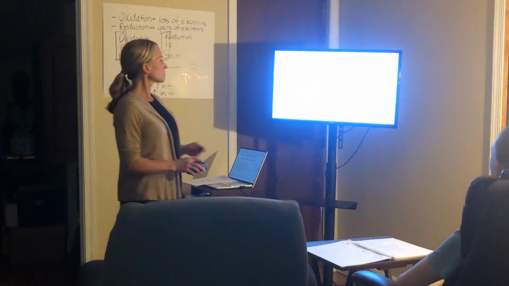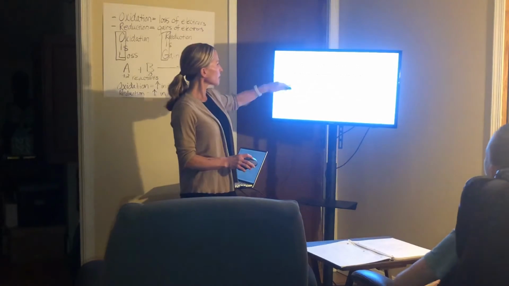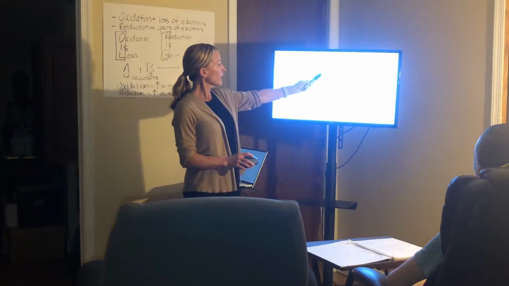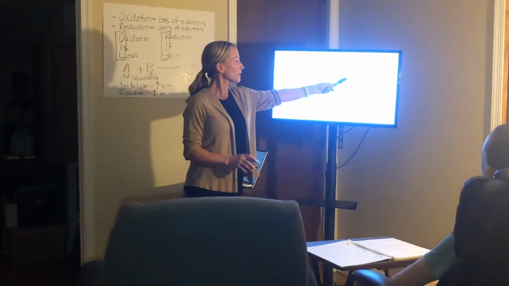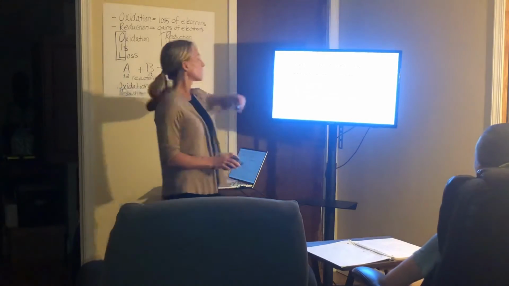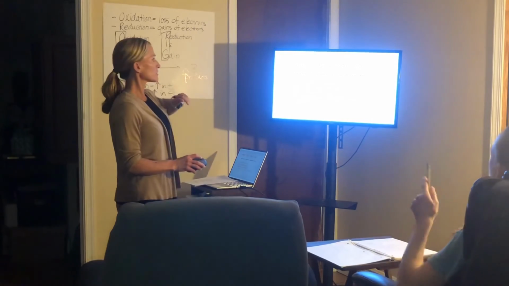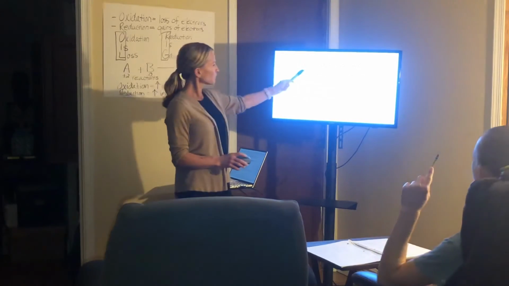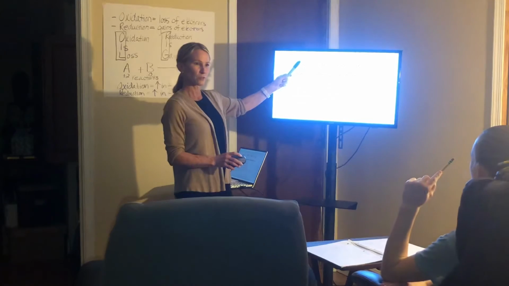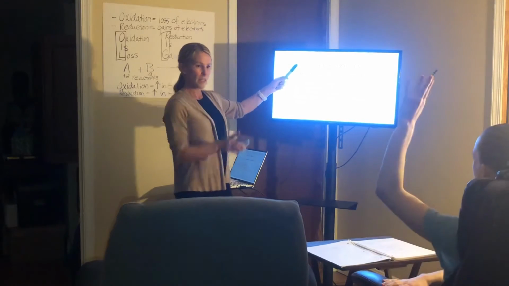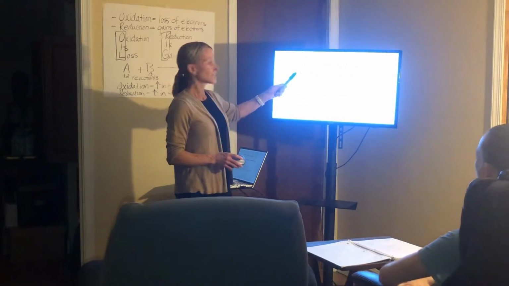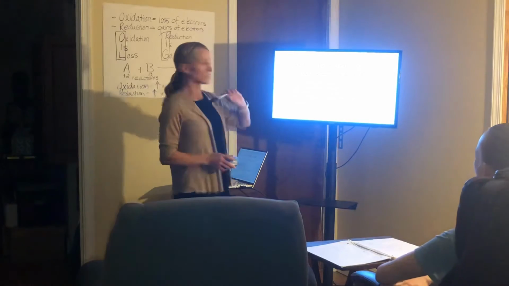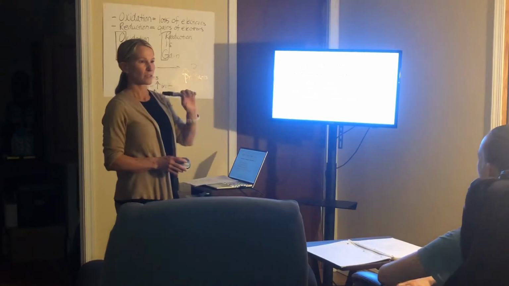Okay, so what about this one? We have sodium hydroxide and hydrochloric acid forming sodium chloride salt and water. So let's examine. What is NaOH? Sodium hydroxide, but what is it classified as?